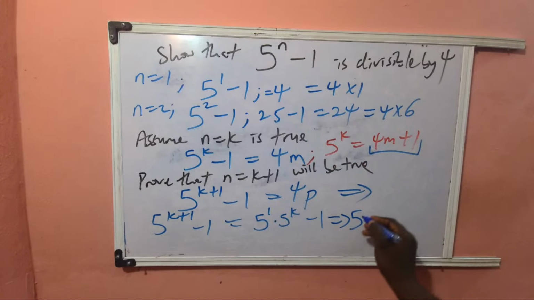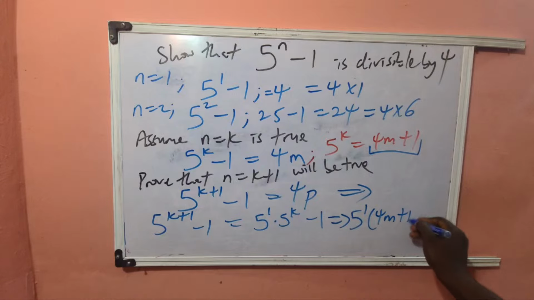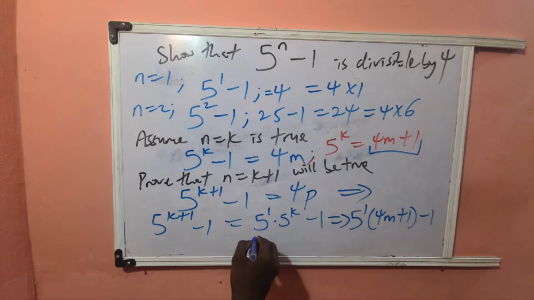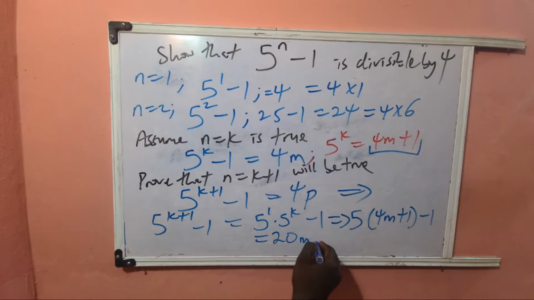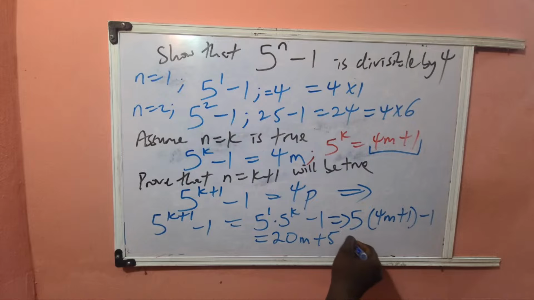So I can write 5 raised to power 1 times the bracket 4m plus 1, minus 1. Nobody is arguing with me, because what I'm doing is correct. This 5 raised to power 1 is still the same thing as 5. So if I open this, I will have 20m plus 5, then minus 1.